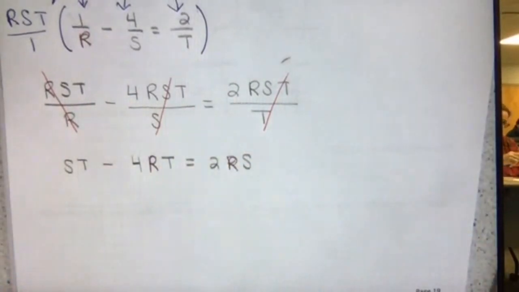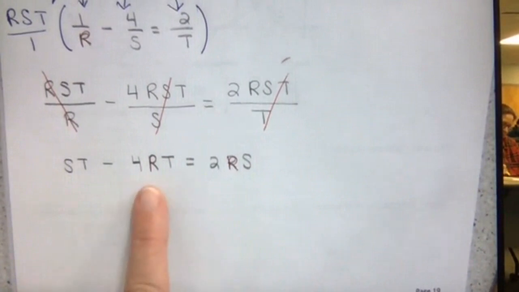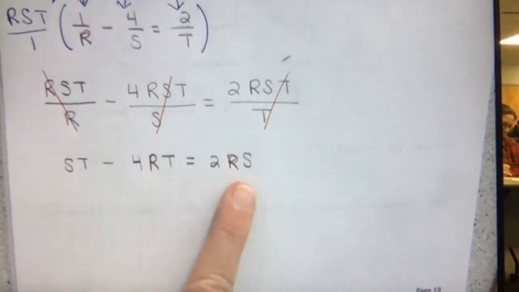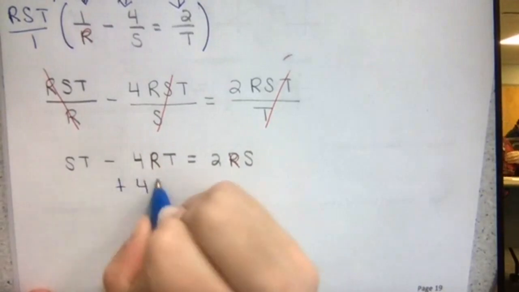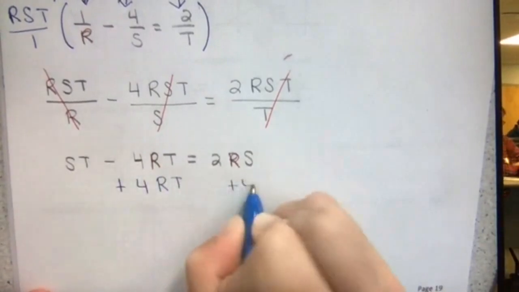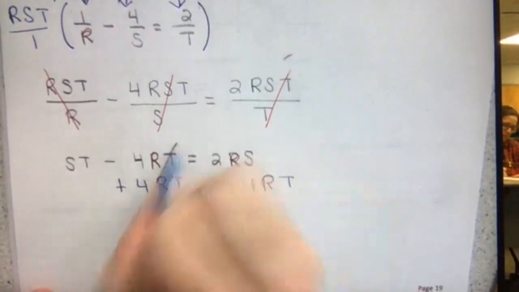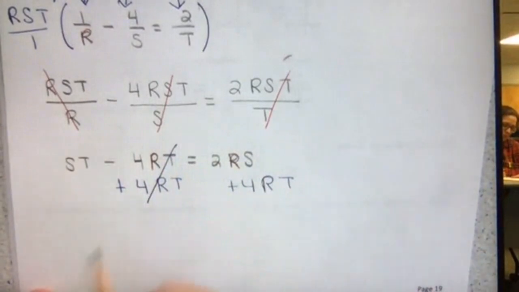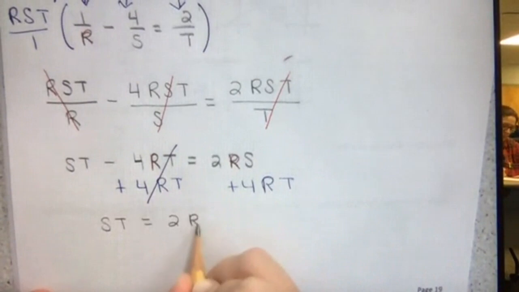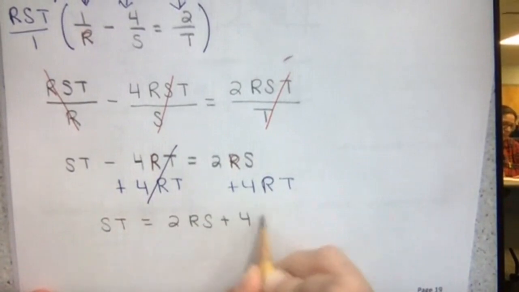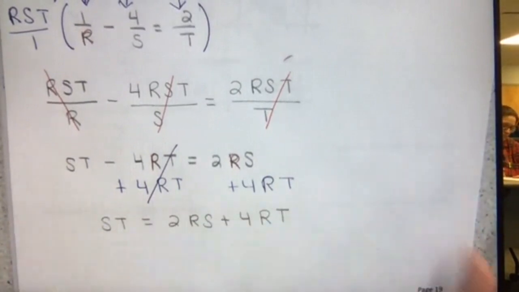So just like the previous problem, let's at least get r's on the same side. So let's move this negative 4rt to the other side with the 2rs, so that at least the r's are on the same side. It's negative 4rt, so let's add 4rt to both sides, so that those cancel. So we're left over with st equals 2rs plus 4rt.